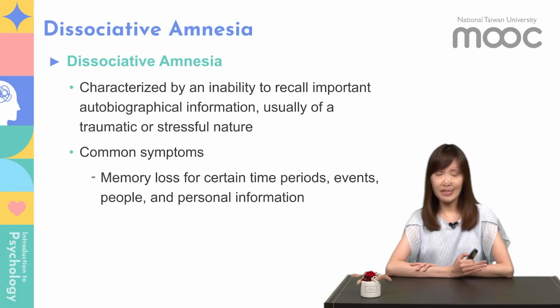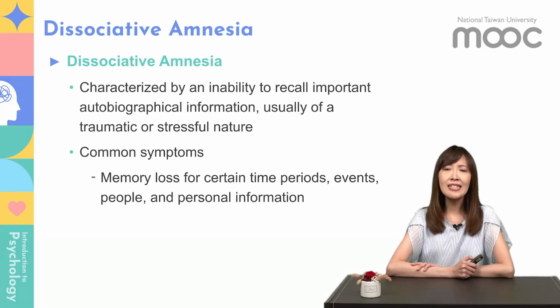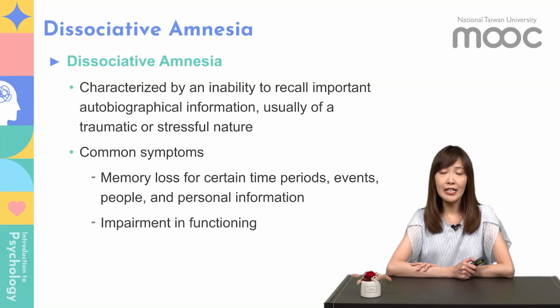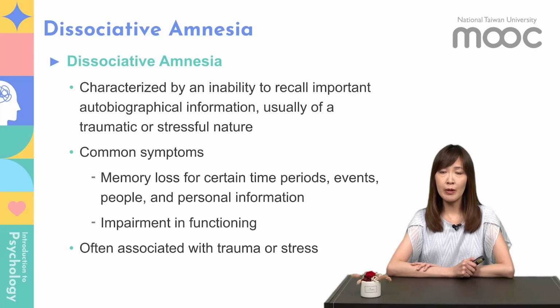So people with dissociative amnesia might not remember that event and several things surrounding that event. They might not remember the time periods, the people, or the personal information. And they may have impairment in their cognitive functioning. It has been found to be more common in women than in men.